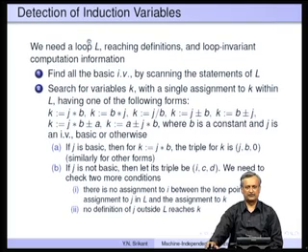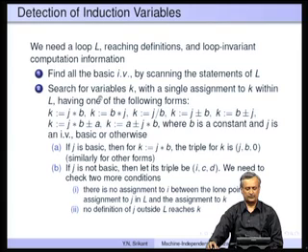How do you detect induction variables? Basic induction variables are easy to find. You just scan the statements of the loop L. Whenever you have I = I ± n, they are basic induction variables. It is not necessary that basic induction variables are defined exactly once, they may be defined many times, but for derived induction variables in the family of a basic induction variable, the definition should be exactly once in the loop.